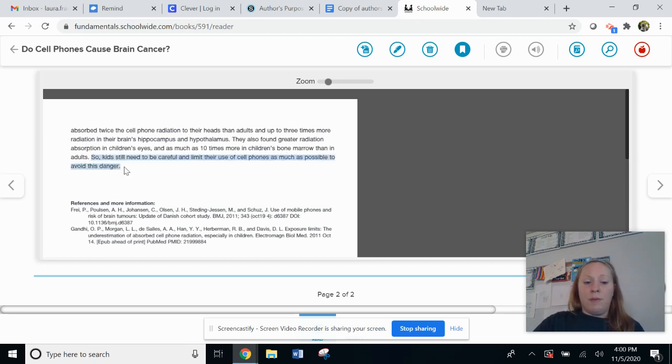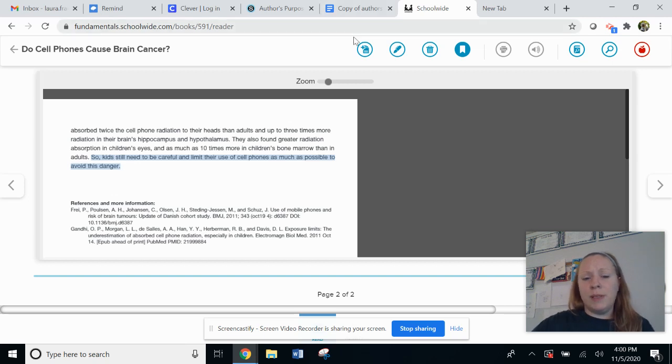Well, the purpose of the closing, like we talked about the last couple of days, is to wrap up the essay and relate back to the central idea that's stated in the introduction. Usually the last sentence of your closing would be the final thought that you want your reader to walk away with. So this says, kids still need to be careful and limit their use of cell phones as much as possible to avoid this danger.